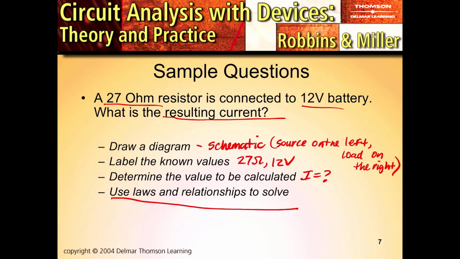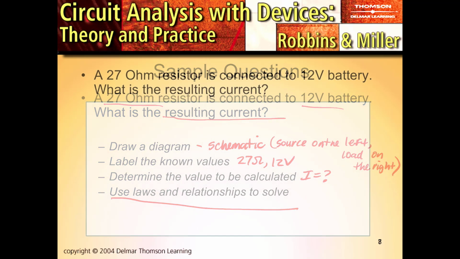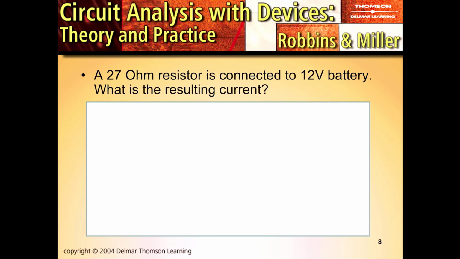Okay, so what would that look like in terms of a diagram? Remember, our first job is to draw the diagram. Notice how I'm going to put my source voltage on the left. I'm going to show my resistance as my load on the right.